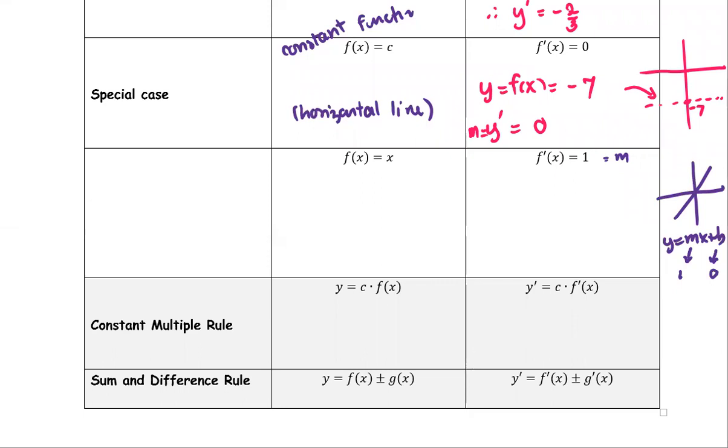You just treat it the same as you treat a coefficient. For example, you have y equals 2 times x to the fifth. Okay, 2 times x to the fifth.